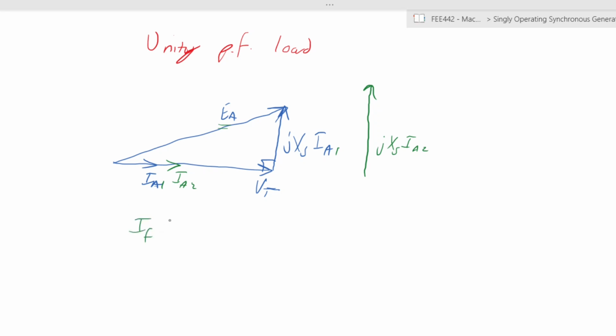IF remains constant. Therefore, EA magnitude is constant, right? Okay.